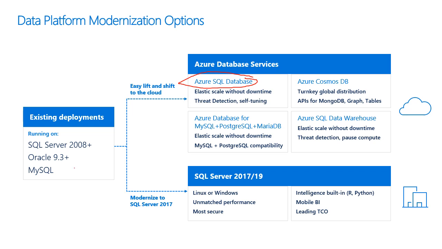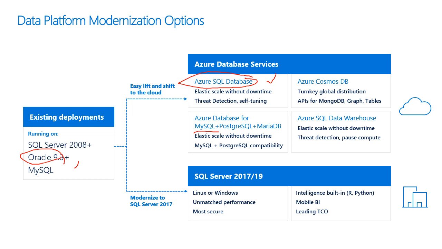If you're running MySQL, you can move it to Azure Database for MySQL, PostgreSQL, or MariaDB. If you're running Oracle, or an old version of Oracle which is no longer supported, you can definitely move that to Azure SQL Database. The Azure Database Migration Service does support that scenario.